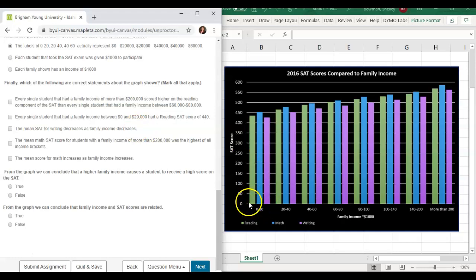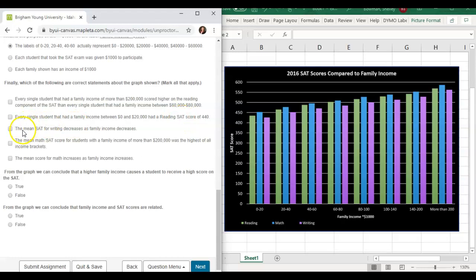Reading is, again, green. SAT score of 440. So here we go to 440. Because this is average, that's not the case, because to add them all up and then divide by how many doesn't mean that every single student actually scored that, because this is average.